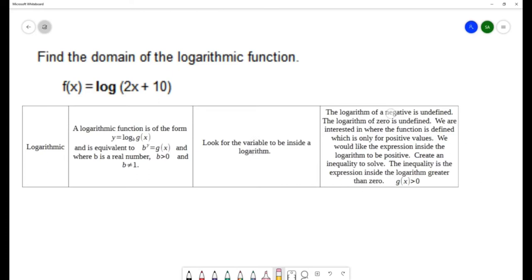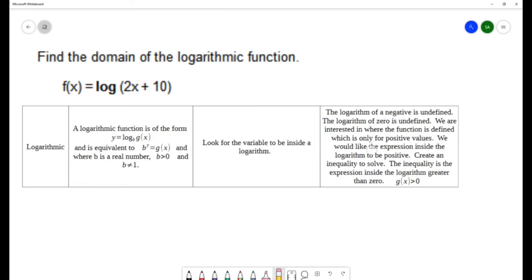This last paragraph that you see over here is talking about how we can find the domain of a logarithm. The logarithm of a negative number is going to be undefined. We can talk about that in detail in a second. The logarithm of 0 is undefined, and we're interested in finding where the function is defined, and that is only for positive values.